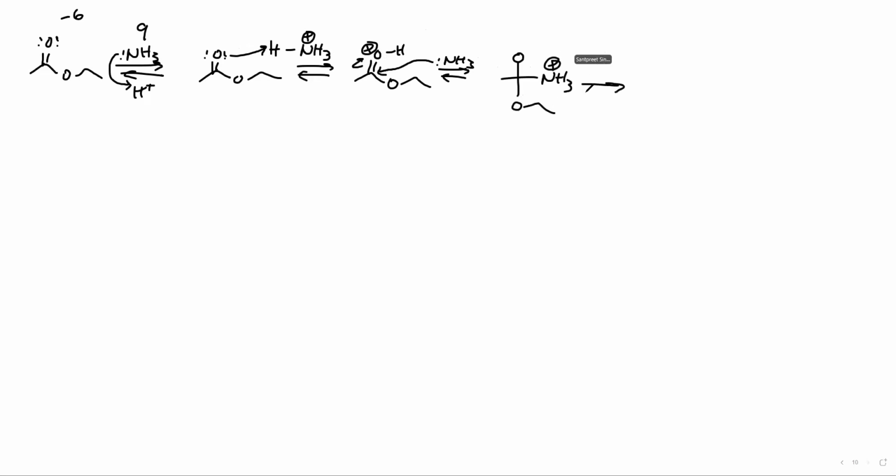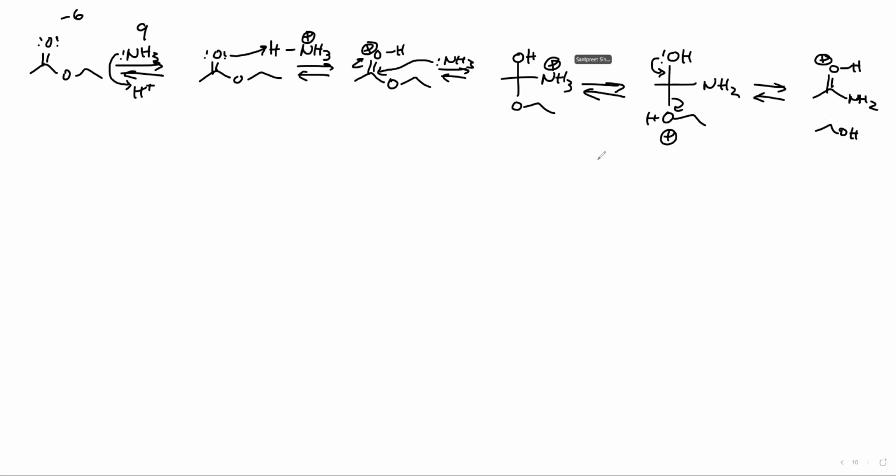Okay. Again, I'm going to be a little lazy here, but I'm going to just show the proton transfer in one step. Just keep in mind that you guys have to do it in 2. And what we can do here now is form the carbonyl and kick off ethanol there. And what we're going to get, again, initially is a protonated amide, but something in solution will pick up that proton.